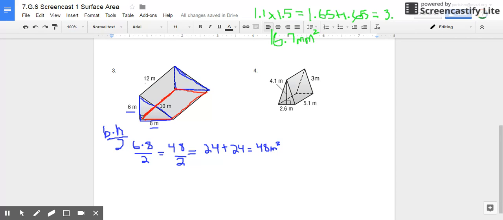That's going to be the same as this upper part, which is 12 meters. Please don't get confused with the 10 meters. The 10 meters belongs with the other side of the triangle. Okay, so we have 12 meters and then by 8 meters. So for that rectangle, we do length times width. So we're going to do 12 times 8. And then 12 times 8 is going to give us 96.